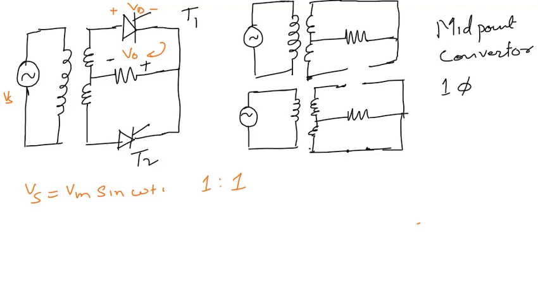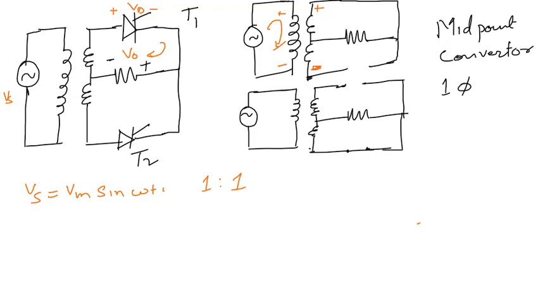When the coil is energized, initially the polarity will be like this, positive, and this will be negative. Subsequently you will have this positive and this negative, right?